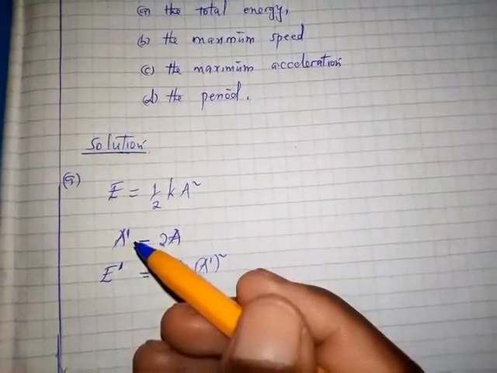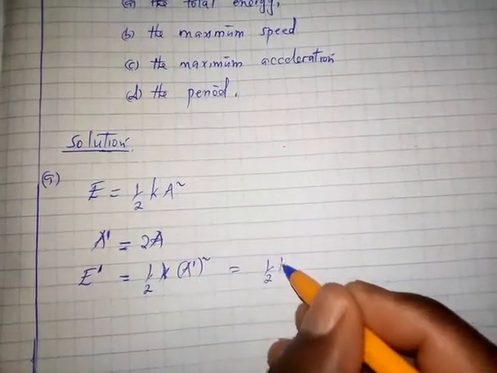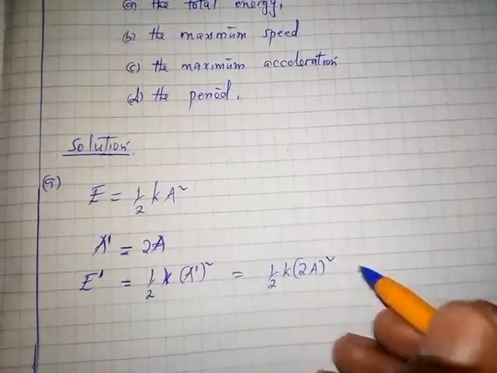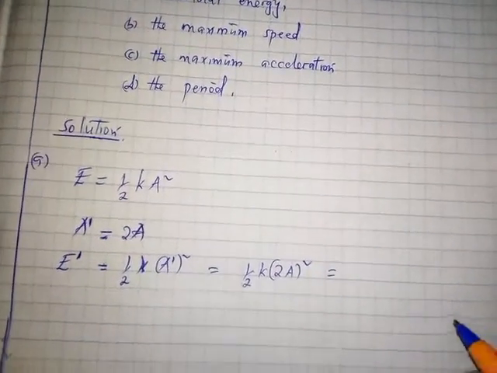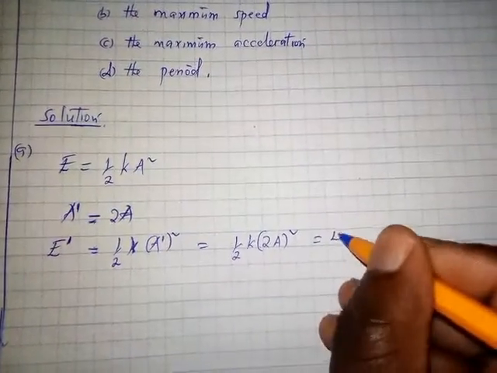Remember, doubling is multiplying by 2, so we have a half K (2A) squared, which equals 4E.